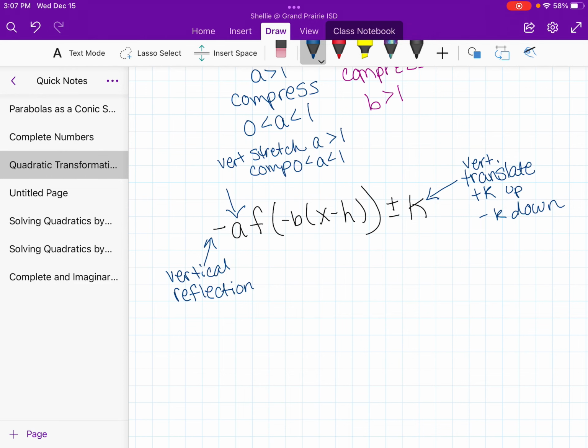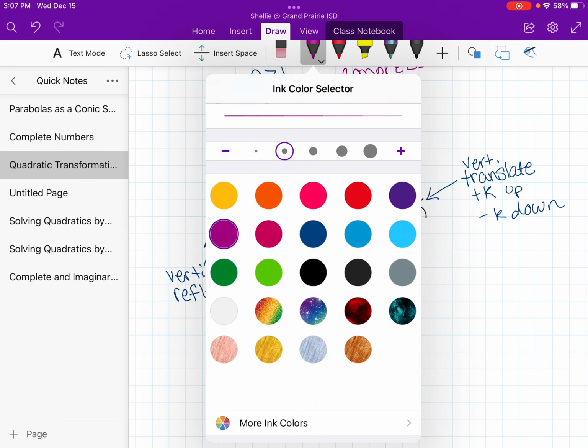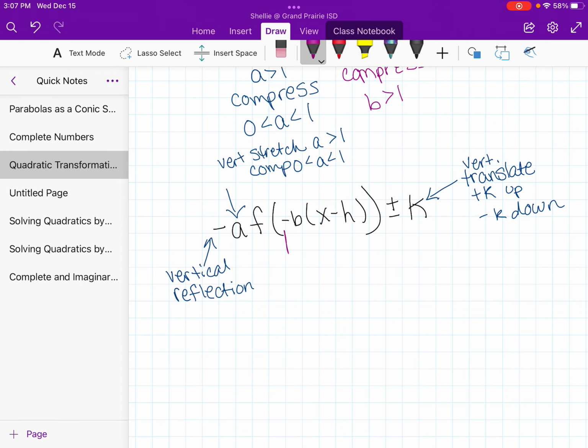Everything inside the parentheses will be very similar. It'll still be horizontal. So this negative here is still going to be your horizontal reflection. The B value is your horizontal stretch or compress. Remember, it's going to switch around. So the stretch is going to be 0 to 1. And the compress is going to be greater than 1.